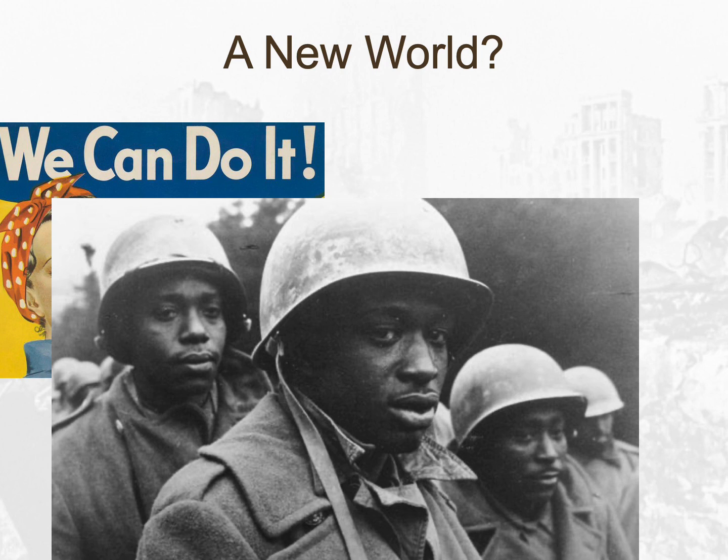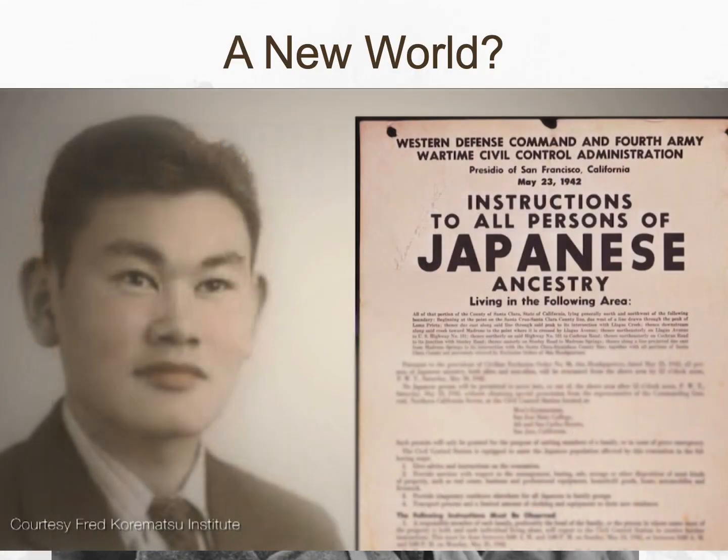And unfortunately, here in the United States, one of the most impactful decisions of Franklin Roosevelt's presidency is when the war breaks out, when Japanese bombs fall on Pearl Harbor, the United States decides to incarcerate all Japanese Americans in internment camps across the country.